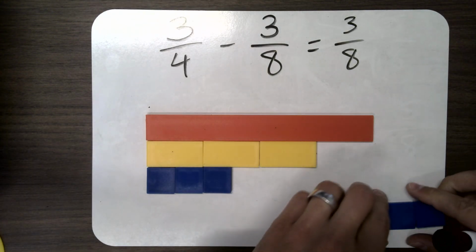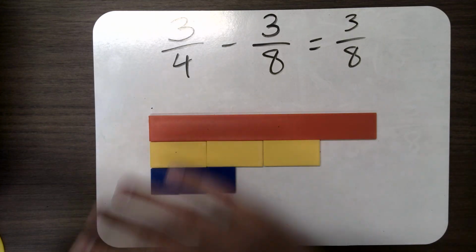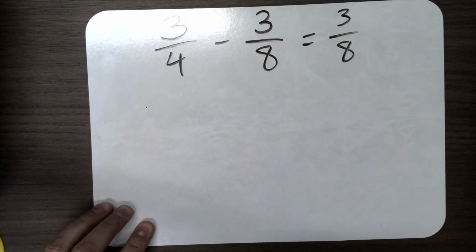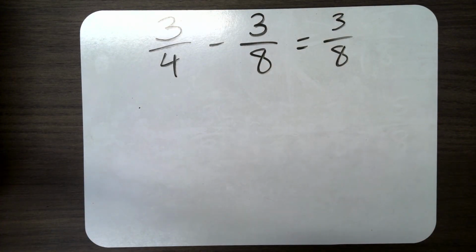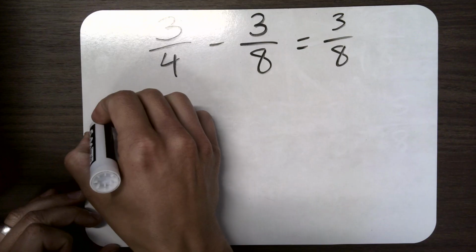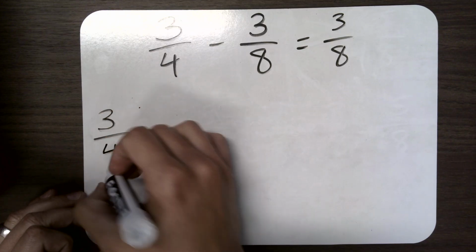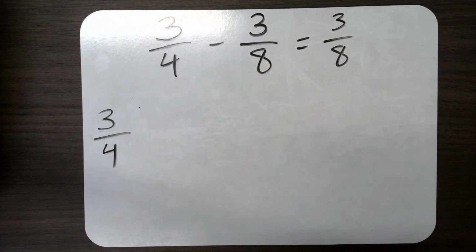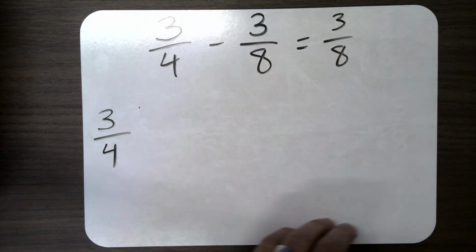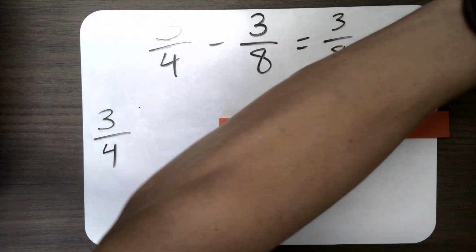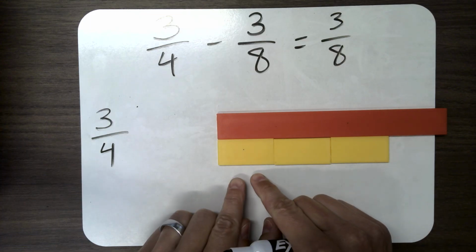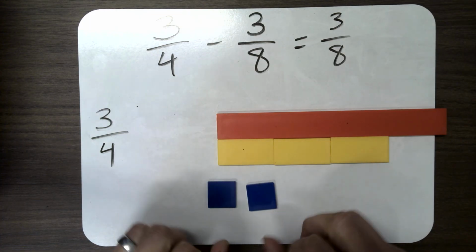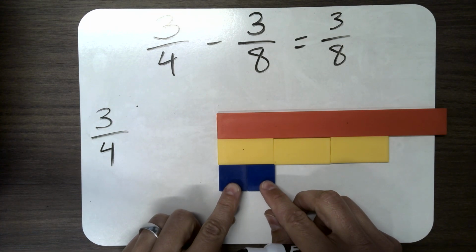All right, and then for the abstract model, we'll do the more drawn out version of this, since this is our actual standard algorithm for fraction subtraction. So again, the first thing that we did was, for each of these, let me put the length model back up here. And for each of these fourths, we traded each fourth with 2/8.